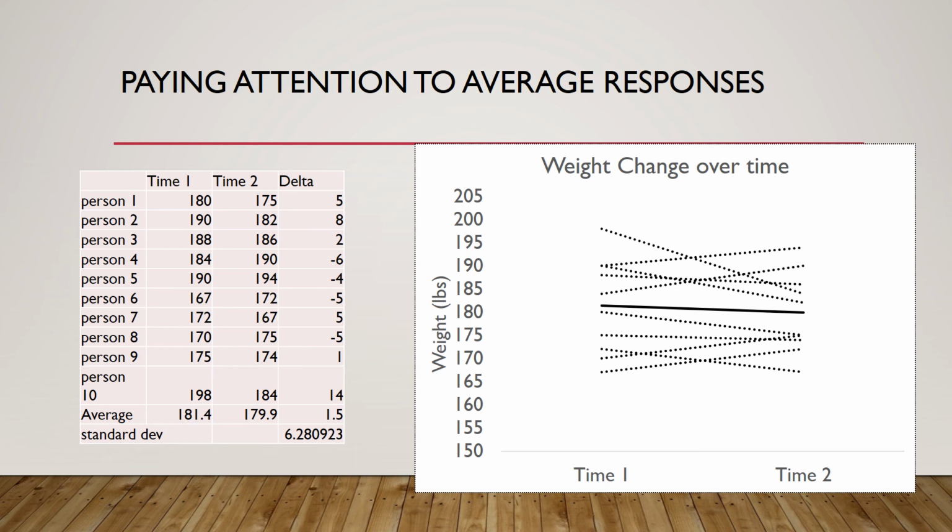Meaning, if we look at some people, like this person right here starting at, what was it? 190 something. Where did that go? Oh, 198 to 184, yes. So this person lost 14 pounds.